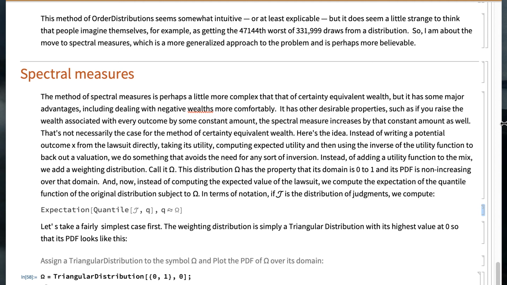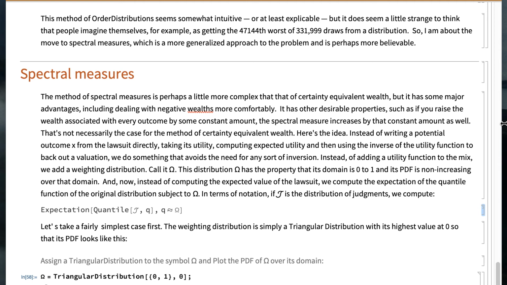Instead of adding a utility function to the mix, we add a weighting distribution. And I'm going to call that distribution capital omega. Omega can be anything, but its domain has to be from 0 to 1, and its PDF, if you're going to simulate risk aversion, has to be non-increasing over that domain. That is, the PDF is higher at lower numbers than it is at higher numbers.